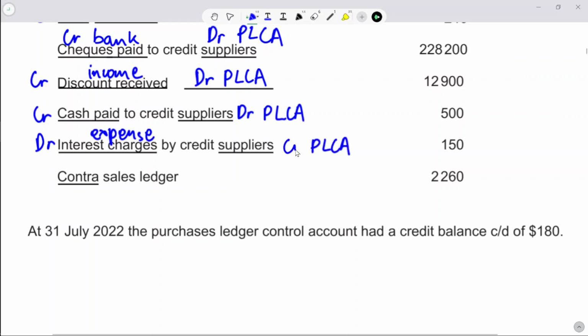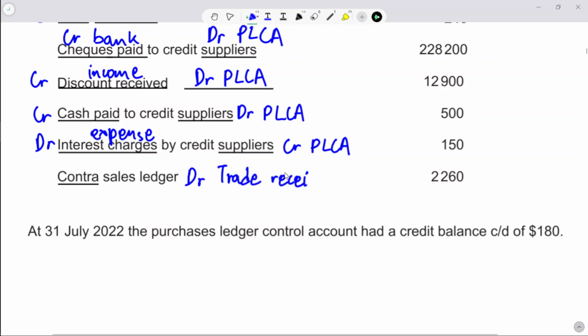So this one will credit. Okay. So contra will just debit trade receivable.